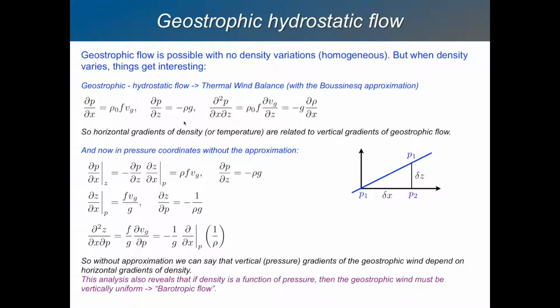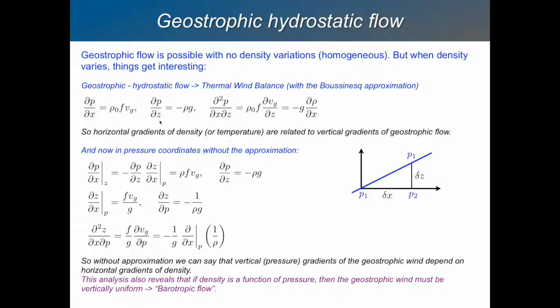And I've done a thermal wind balance derivation here using the Boussinesq approximation, which is that the density only varies a little bit. So here's our geostrophic equation: dP/dx is rho f Vg. Vg is the geostrophic meridional flow. And here's the hydrostatic equation.